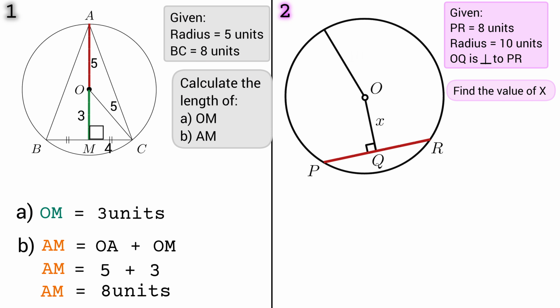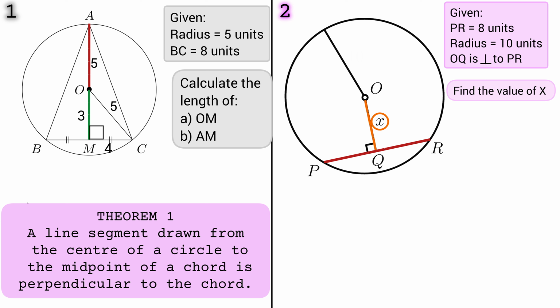We are given that PR is 8 units, the radius is 10 units, and OQ is perpendicular to PR. We are looking for the value of X. This theorem states that a line segment drawn from the center of the circle to the midpoint of a chord is perpendicular to the chord.